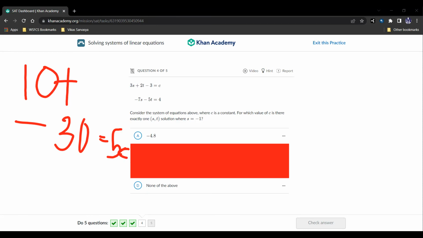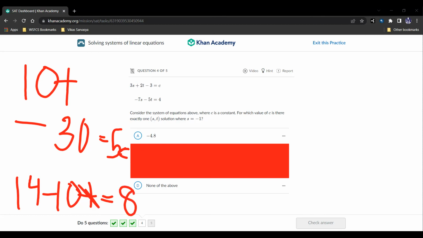And we multiply by 2 on the second one, and we get -14, or it would be just positive 14. It's like 14 minus 10t equals 4. Actually, no, it does not equal 4. It multiplied by 2, so it equals 8.